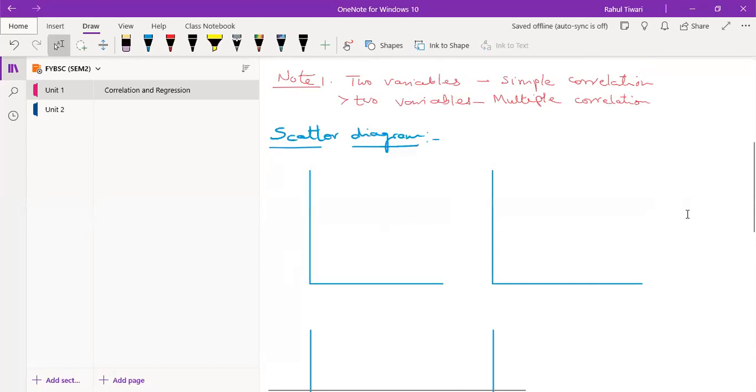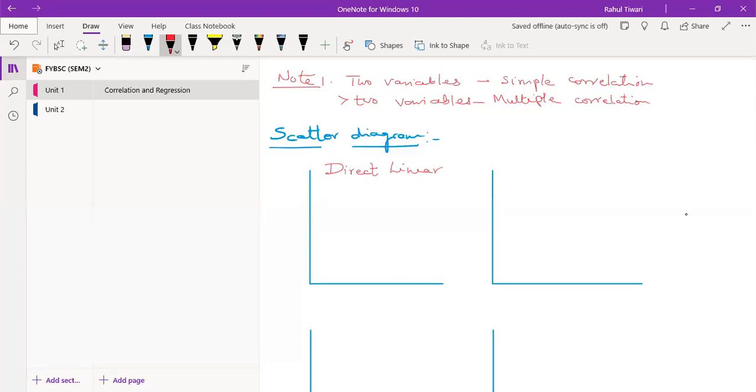If you look at the first graph, I'm talking about the direct relationship, called direct linear.